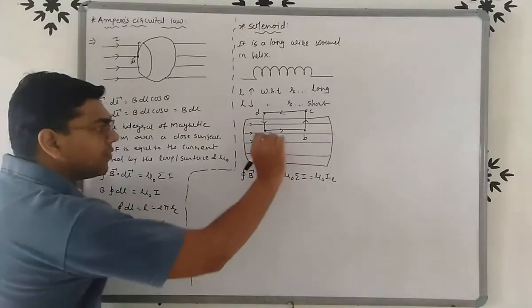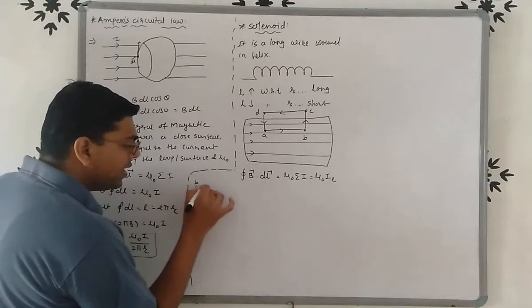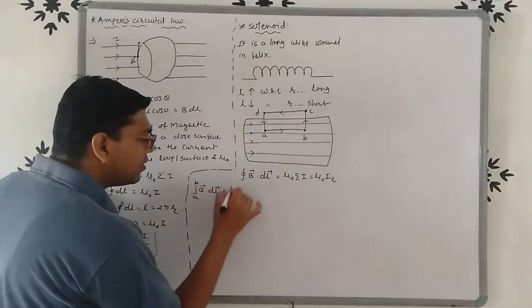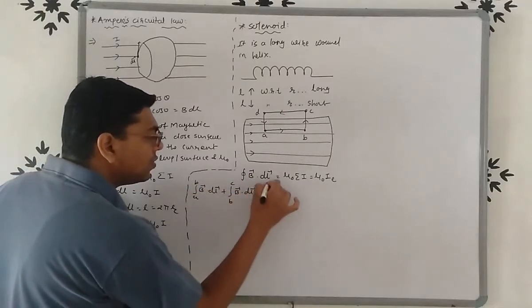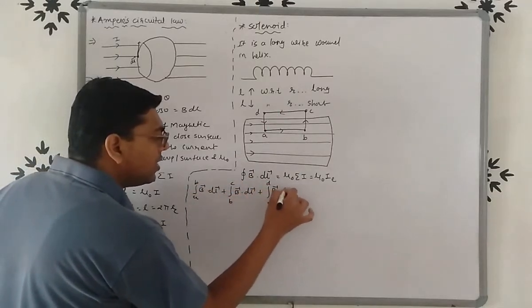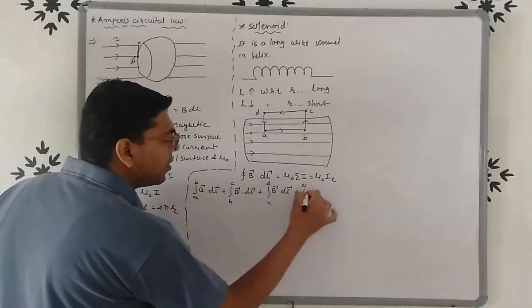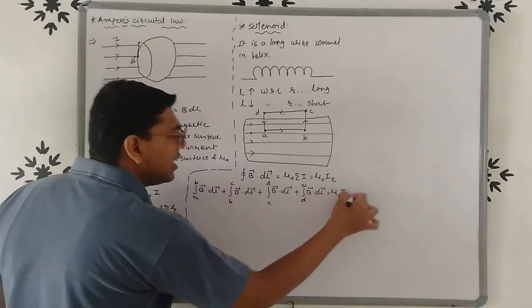So integration A to B B dot dl, then B to C B dot dl, then C to D B dot dl, and from D to A B dot dl is equal to mu 0 IE.